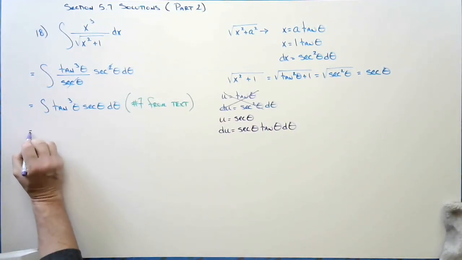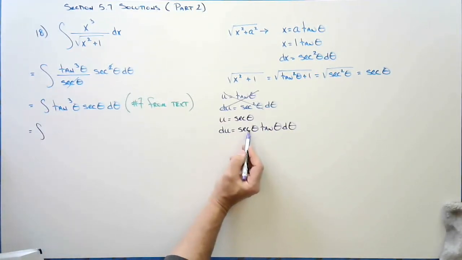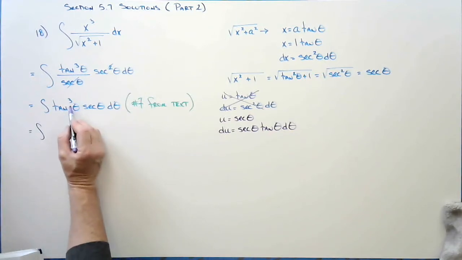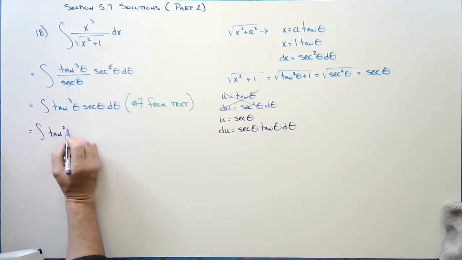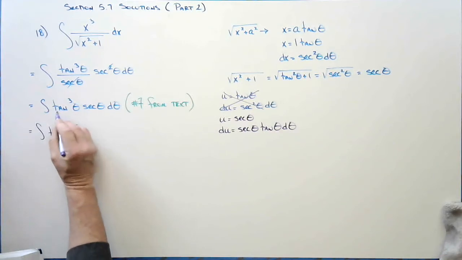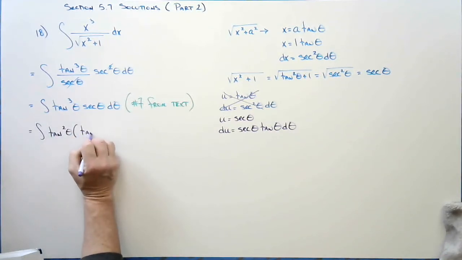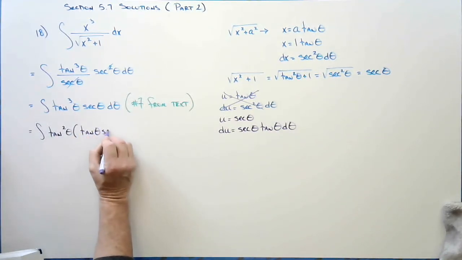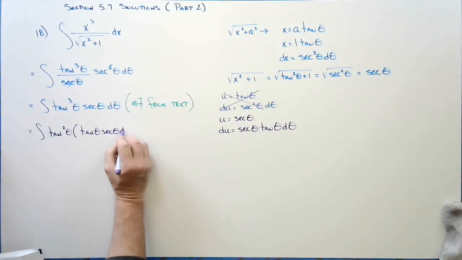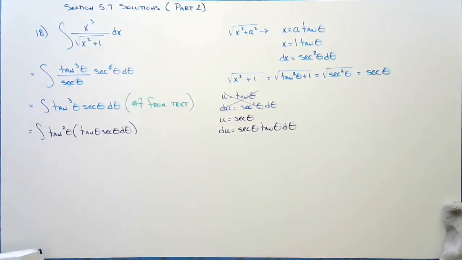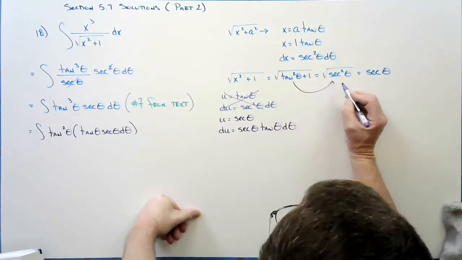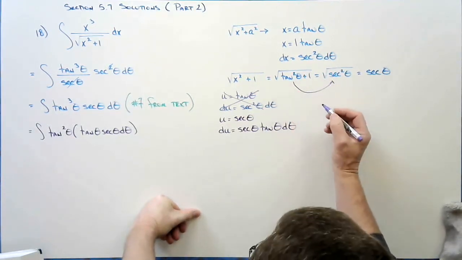So we're going to rewrite this integral, and we need a secant and a tangent. We have a secant. We have 3 tangents. So we're going to write this as tangent squared theta. We're going to take our extra tangent, put it over here, and that's going to be our du. And now we have tangent squared. But we know what tangent squared is equal to, right? We can see the identity written over here.